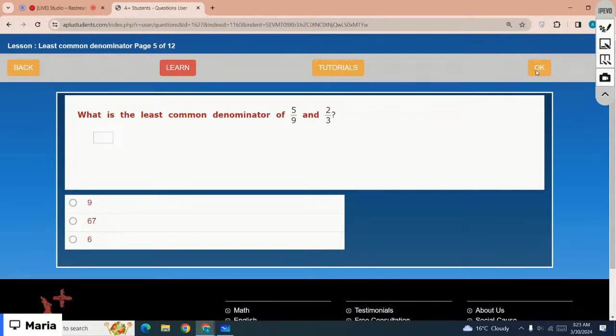The correct option is 9. Option number 1 is the correct option. For which question are you confused?